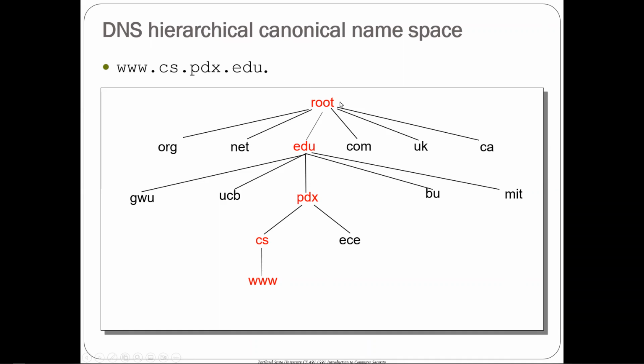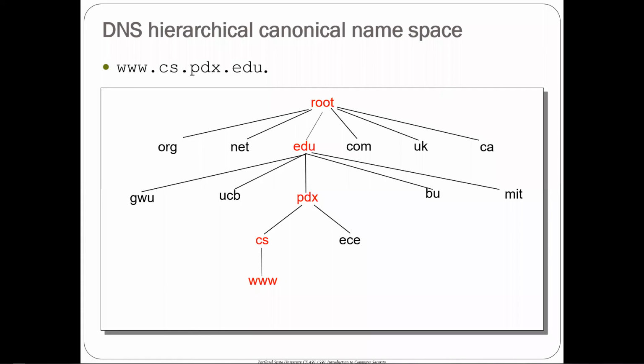And then the root has pointers to all of the top-level domains that can precede the root. So this is the root of the DNS hierarchy, and it points down to the TLD. And then the .edu TLD has pointers to all of the subdomains that it knows about. So PDX, UCB, GWU, and then so on.